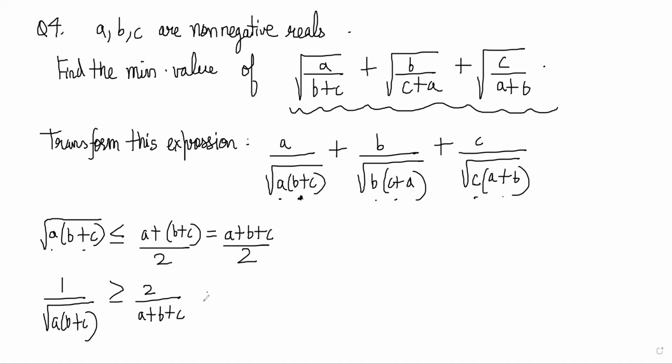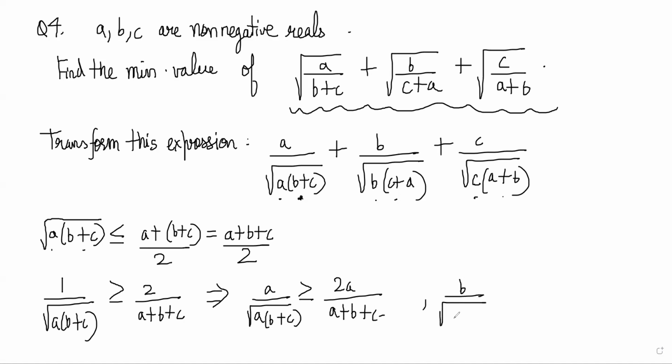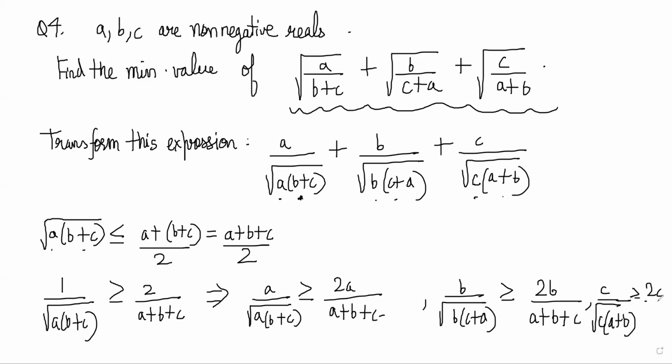And from this it implies that if you multiply by A, you get A by root over A into B plus C is greater than or equal to 2A by A plus B plus C, right? Similarly, you can prove that B by root over B into C plus A is greater than or equal to 2B by A plus B plus C. And lastly, C by root over C into A plus B is greater than or equal to 2C by A plus B plus C, right?